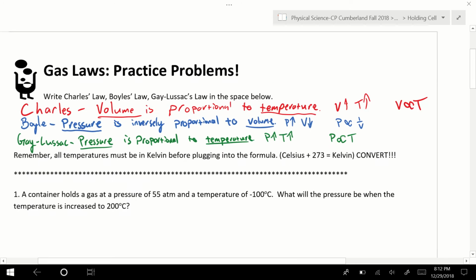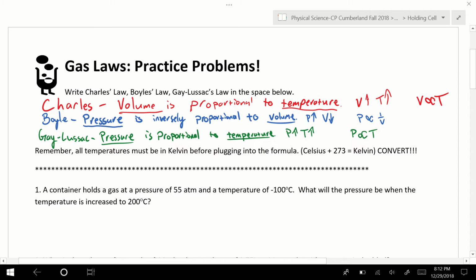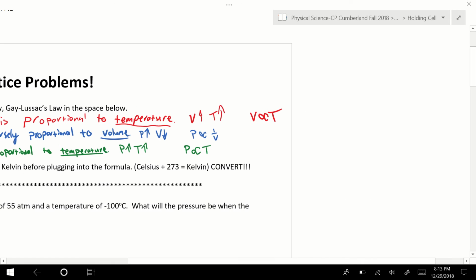The way that these problems work is you have to remember that the ratio of volume to temperature is going to be the same the whole time. The proportion of pressure to temperature or pressure to volume are going to be the same the whole time.